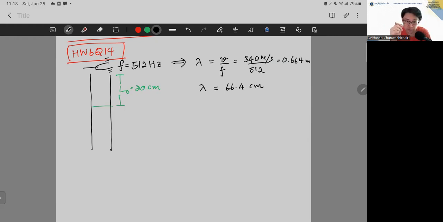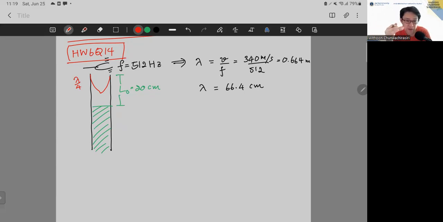But now look at the air column over here. You start with an air column of 20 centimeters. If you start from the fundamental, the point is that the fundamental needs lambda over 4 to start the standing wave, the first time, let's say.